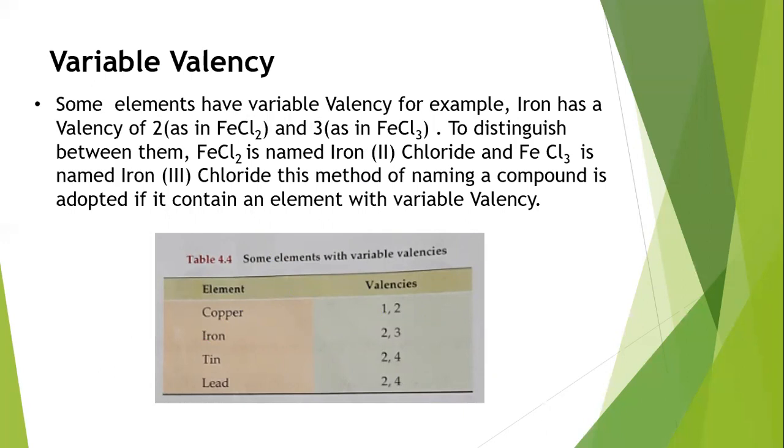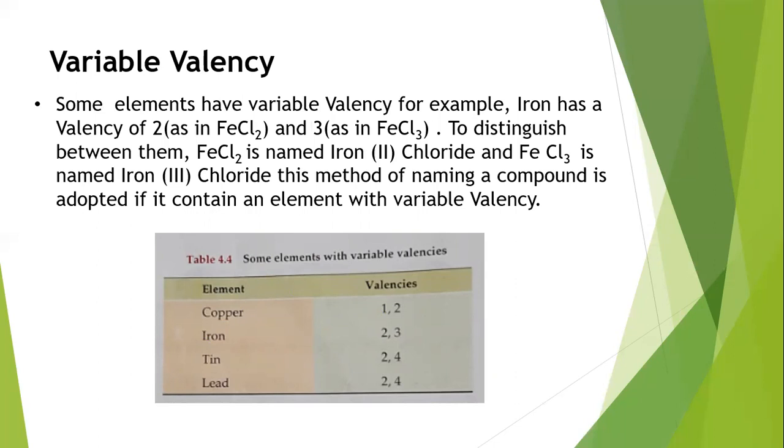To distinguish between them, FeCl2 is named iron(II) chloride, and FeCl3 is named iron(III) chloride. This method of naming a compound is adopted if it contains an element with variable valency.